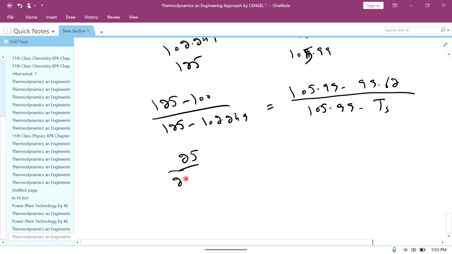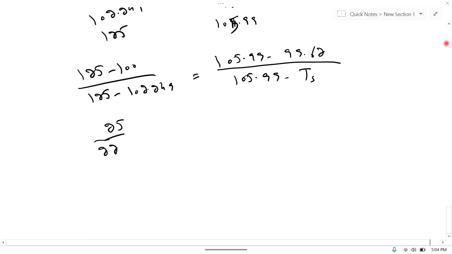This is equal to 22.751, and 105.99 minus 99.62, which is 6.37, divided by 105.99 minus Ts.